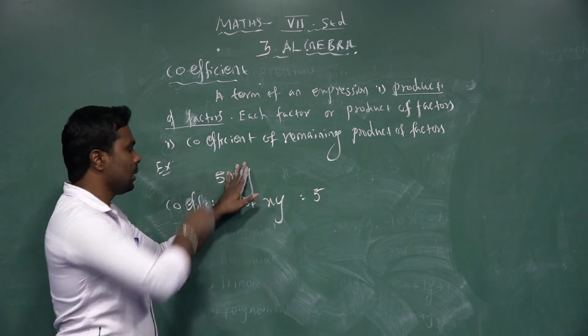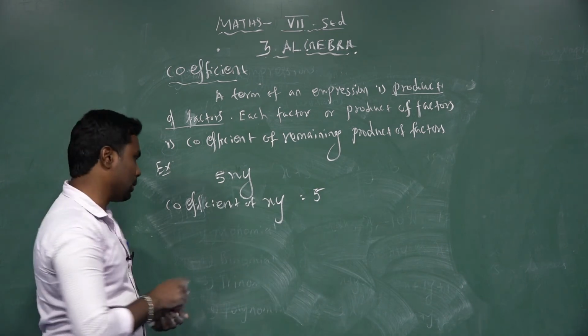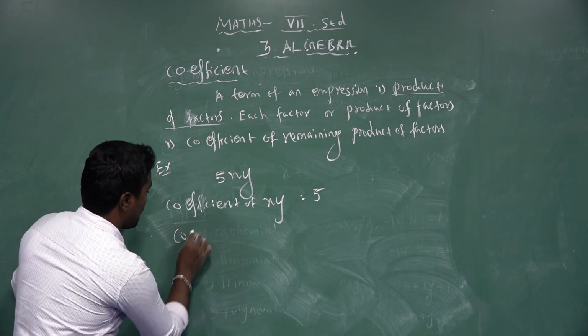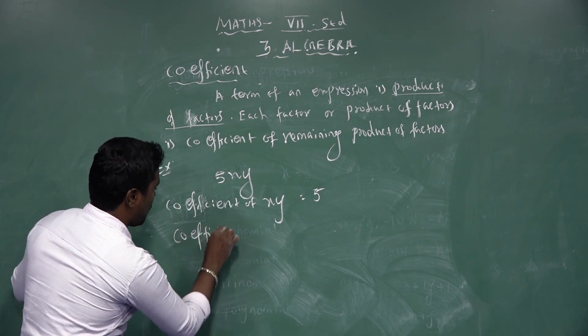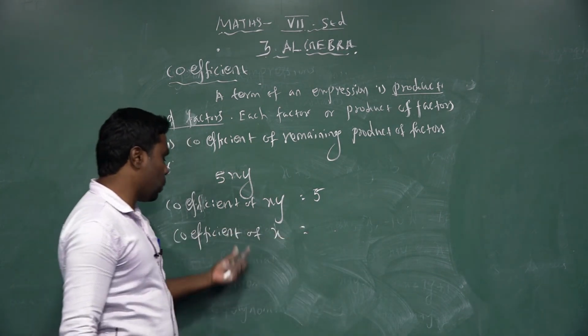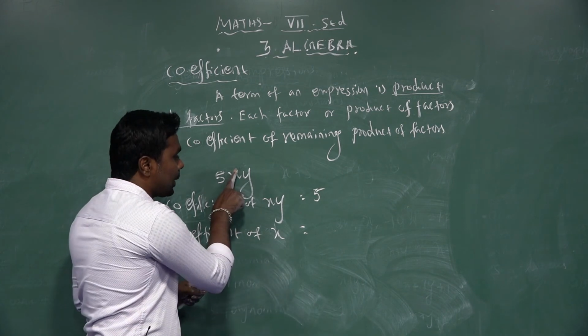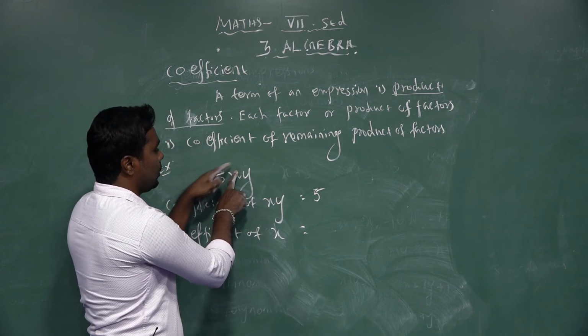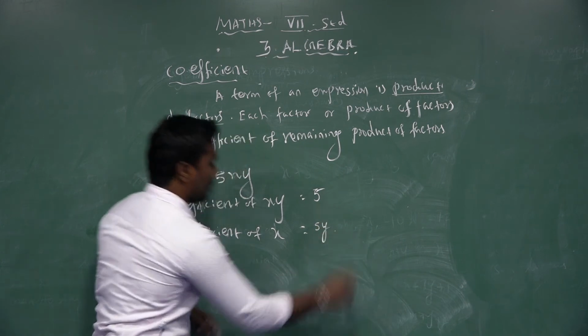Now what is the coefficient of x? Hide the x. What are the remaining numbers? 5 and y, so 5y.